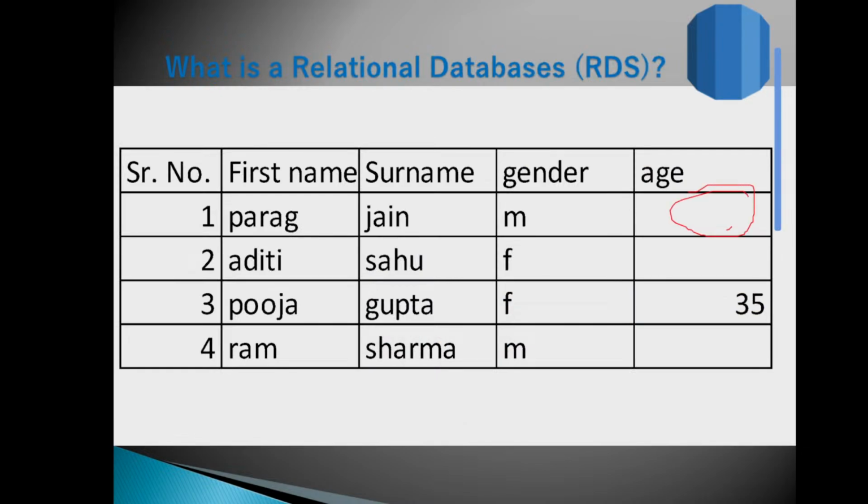Still, your database will take that space, or you have to update a null value or default value. Let's say you add a phone number or address as a new column. Right now there was no column named phone number, and you introduce a new column as phone number, but the records which are already available in the system, you have to update them also, either with a default value saying this record doesn't have a phone number, or some other default values.